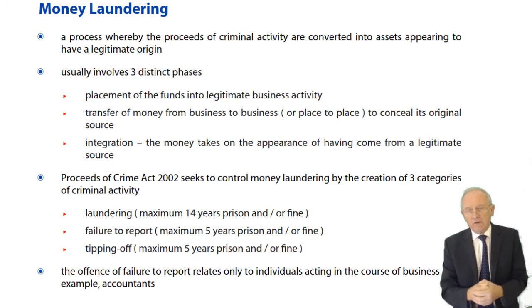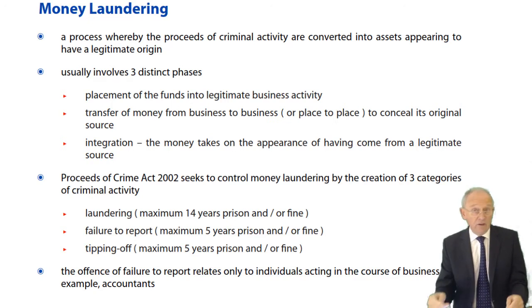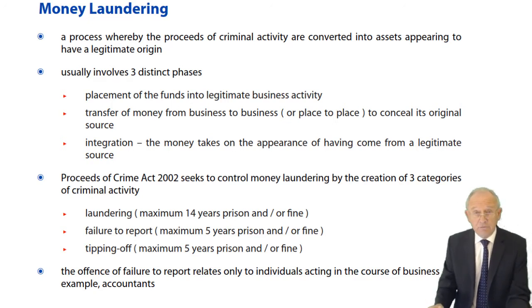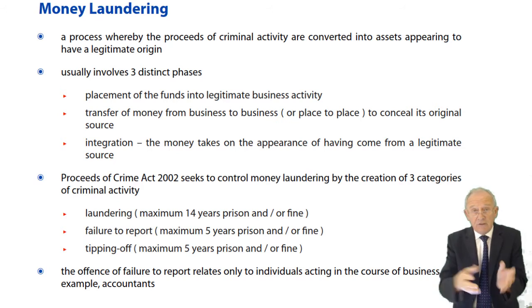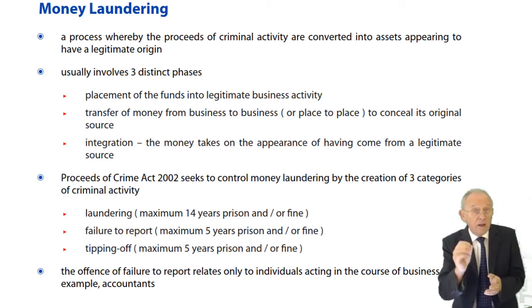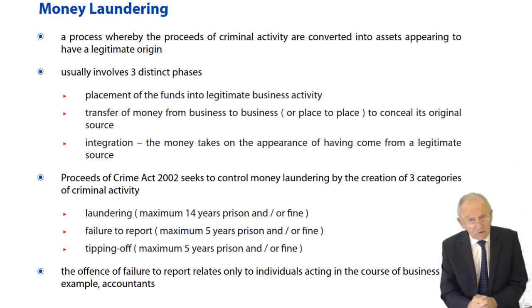You process this £5,000, you pay the tax on it, 25, 30, 40%, whatever, but at least you've then got 3,000 out of the 5,000, and it has the appearance of being clean money. It has the appearance of coming from a legitimate source.